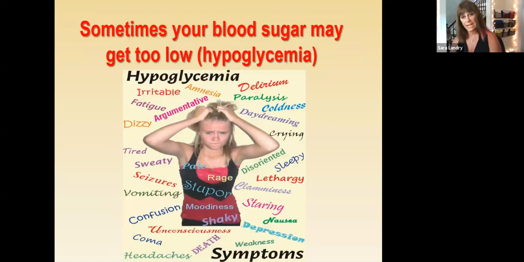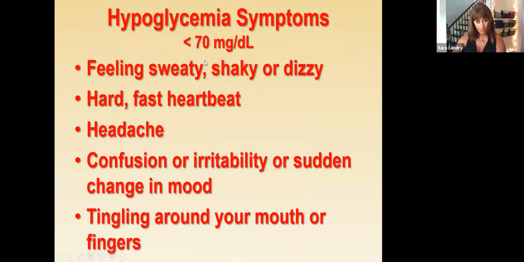On the other hand, sometimes your blood sugar gets too low. That's called hypoglycemia. And that's when it's less than 70 milligrams per deciliter. What happens then? You'll feel sweaty, shaky, dizzy. You'll have a hard, fast heartbeat. You'll get a headache. Because why? Remember, your brain needs sugar to function.